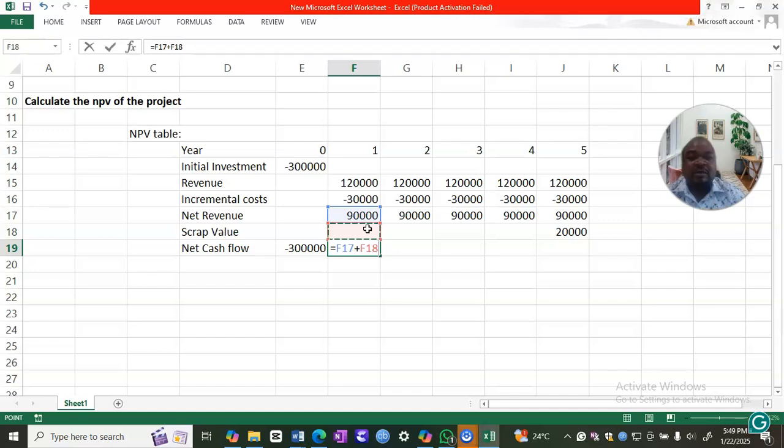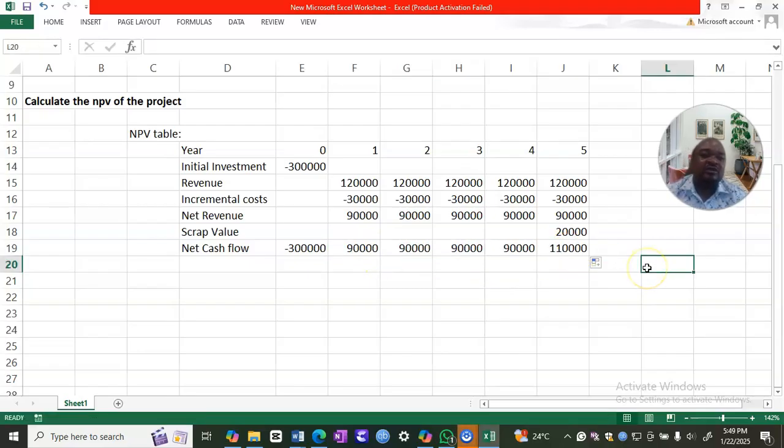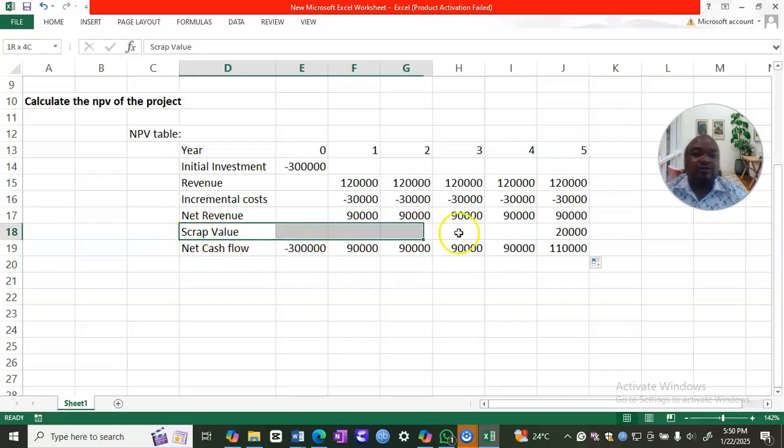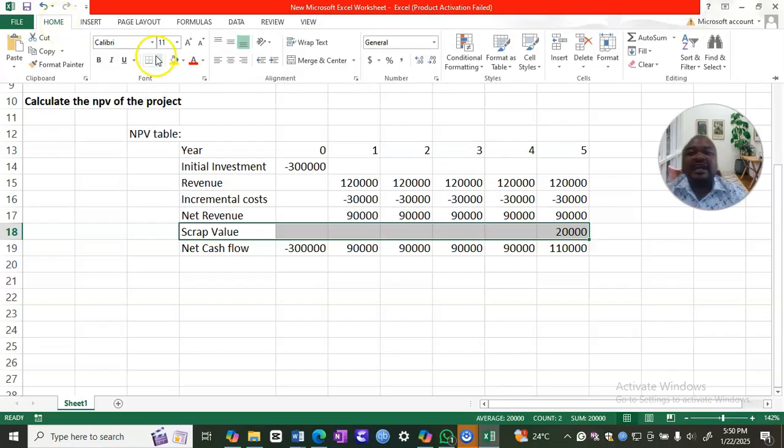Remember, we are targeting the scrap value in year 5. So the formula, when you drag, it should give you the solution because we wanted it to add the 20,000 in the last column. You can as well do some formatting where you put a line there if you feel like you need that line.